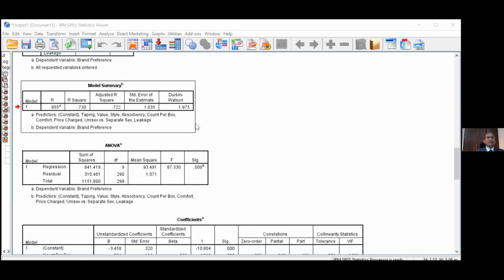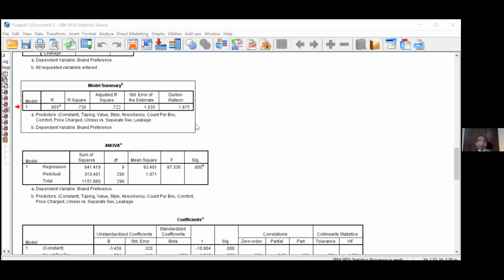But why don't we interpret R as a percentage? Because R cannot be interpreted on a base of 100. So we can't say that the percentage of relationship is 85.5%. This is a wrong concept. Percentage can only be used with R square or adjusted R square. So we simply say that 0.855 is very close to 1, meaning they have a strong multiple correlation. The strength of the model is good, but that is not interpreted as a percentage.